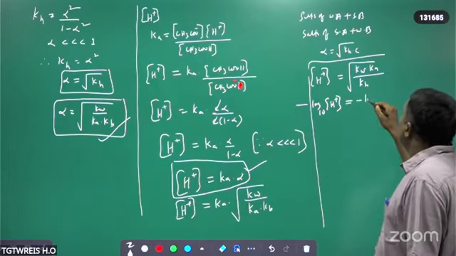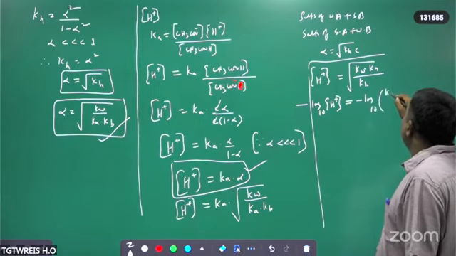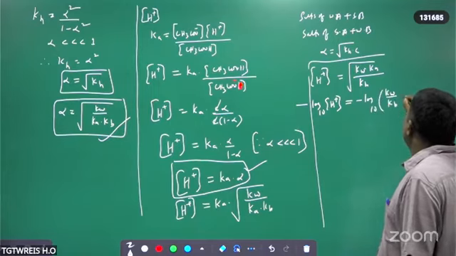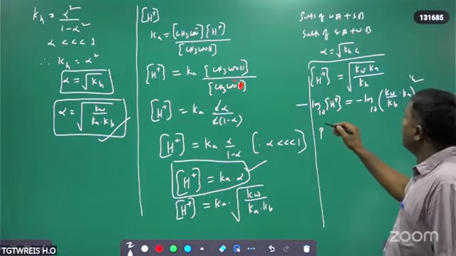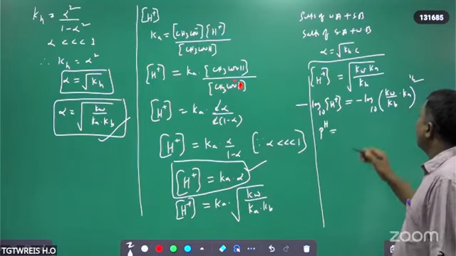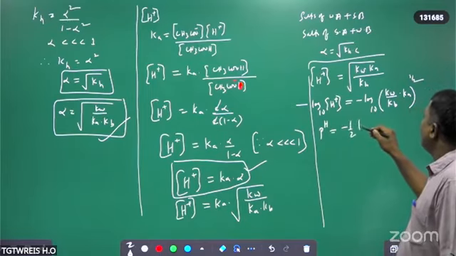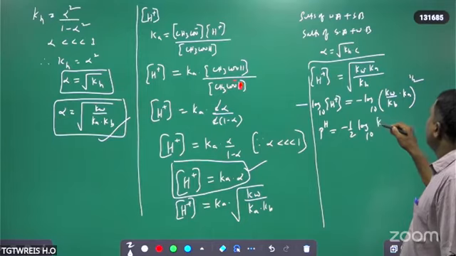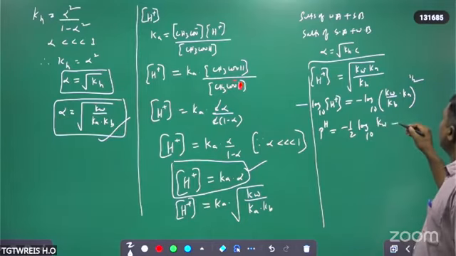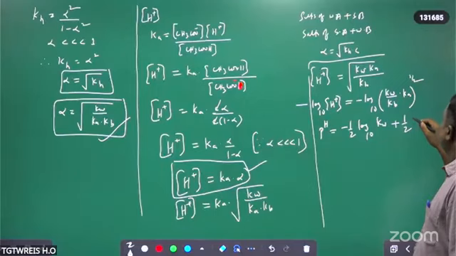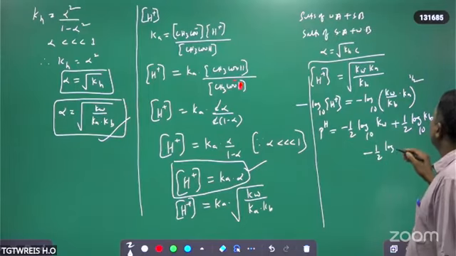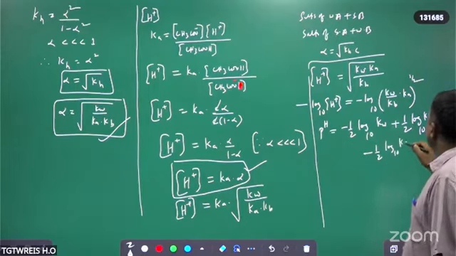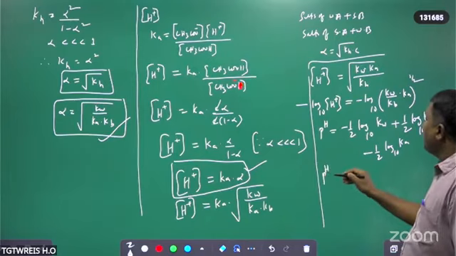So minus log base 10 of Kw into Ka by Kb power 1 by 2. Therefore pH is equal to minus 1 by 2 log base 10 Kw plus 1 by 2 log base 10 Kb minus 1 by 2 log base 10 Ka.